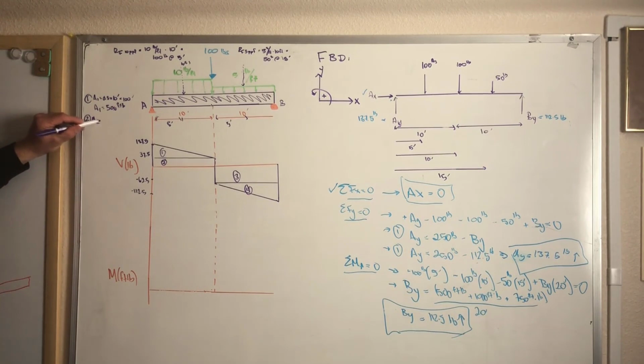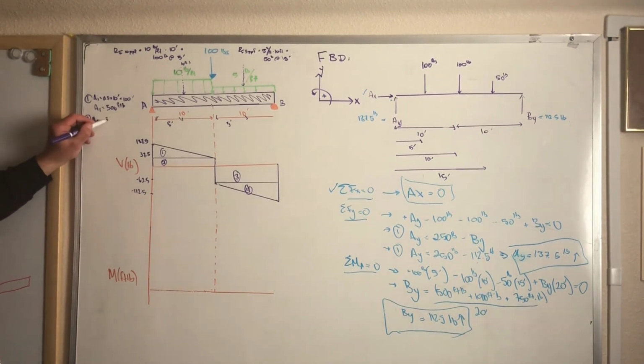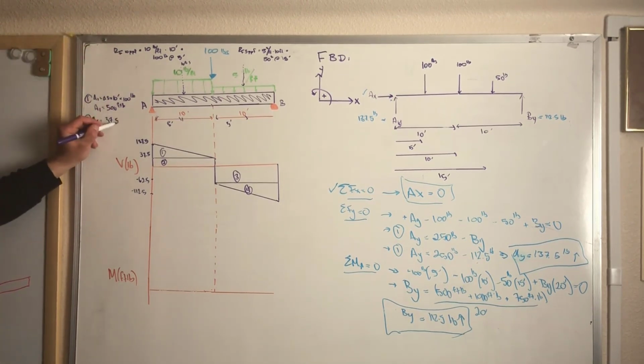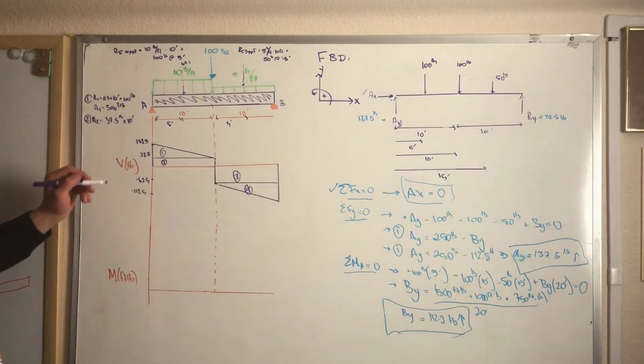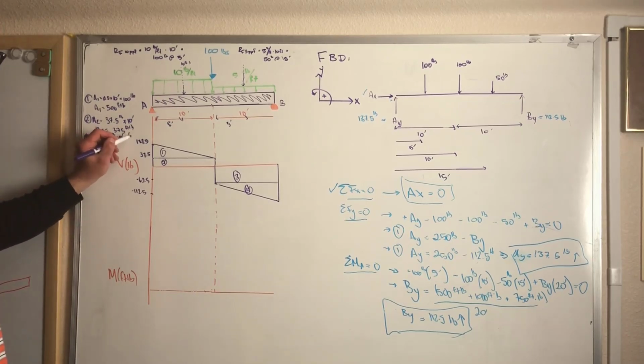Area 2 is equal to 37.5 pounds, that's our height, times our distance of 10 feet, it's a rectangle. So what is that, 375 pounds? Area 3 is going to equal 62.5 pounds times 10 feet, which equals 625 pounds.